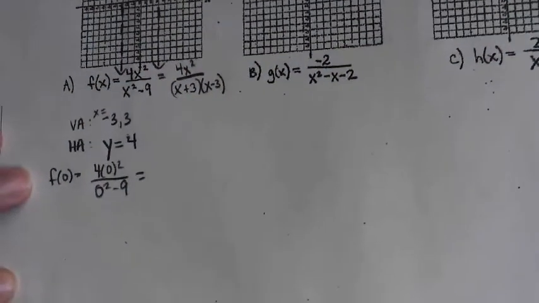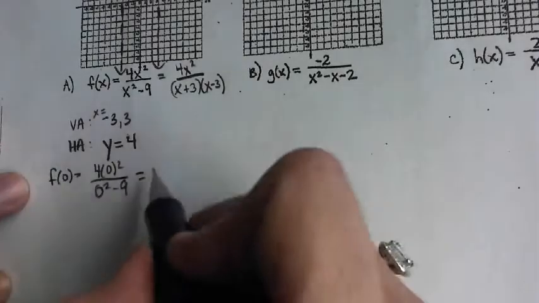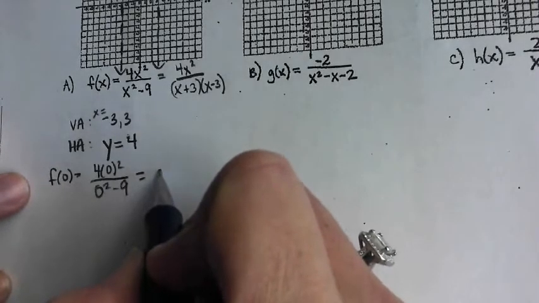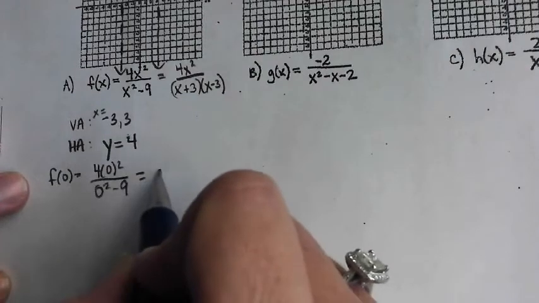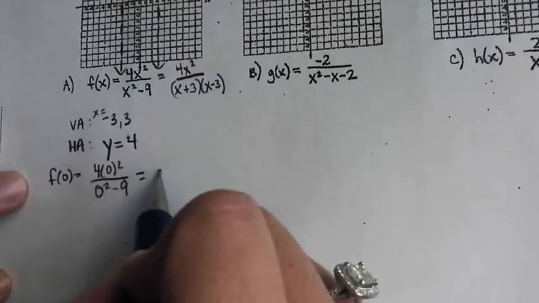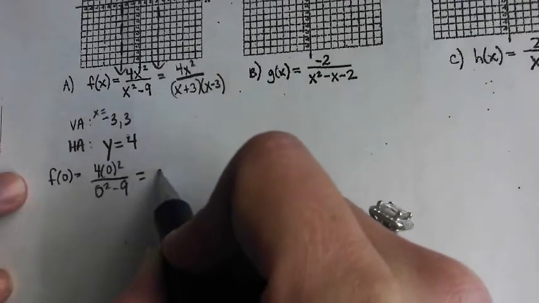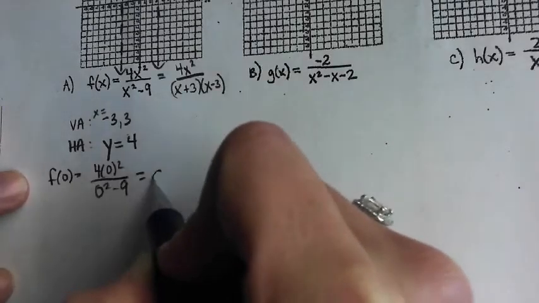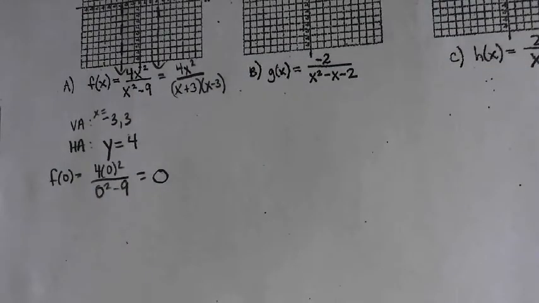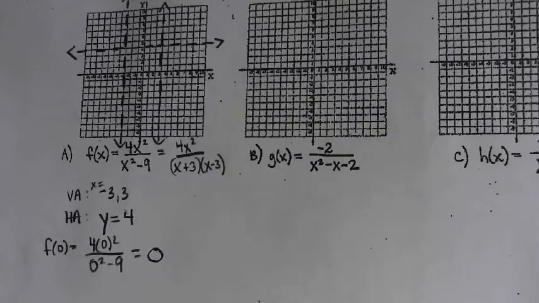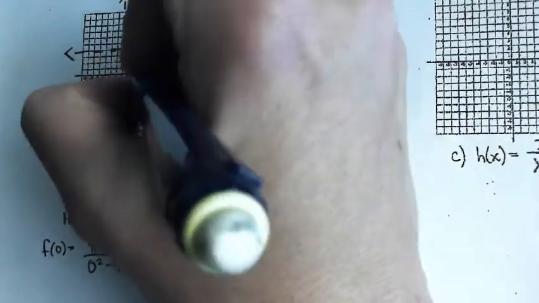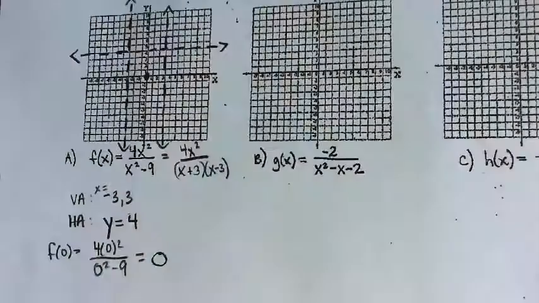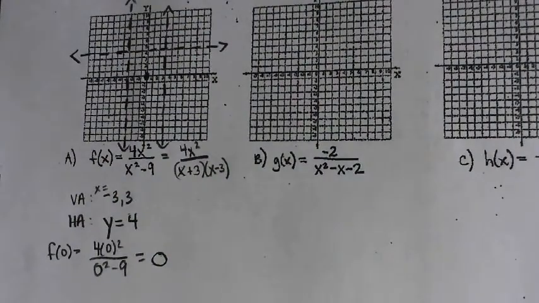What's the y-intercept going to equal? Andrew, thank you. You guys don't have to raise your hands. Just tell me, please. 0. So we have a y-intercept at 0. So we know the graph has to go through that point.